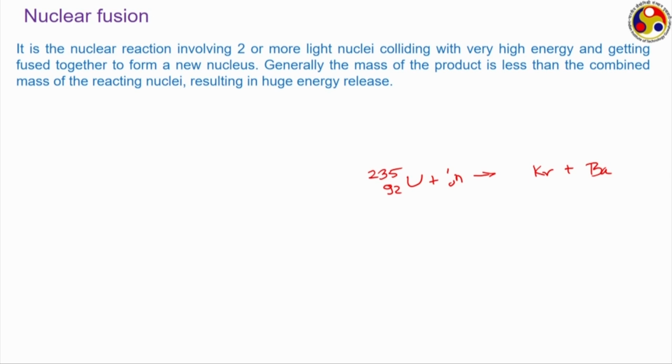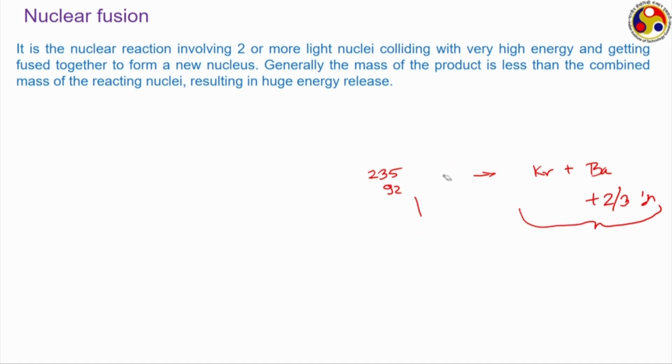Some isotopes of krypton and barium and 2 or 3 neutrons. So, if we combine the mass of this uranium-235 and the mass of 1 neutron, whatever combined figure we get is generally larger than the combined mass of these products, which leads to the mass defect. And as we know, 1 AMU of mass defect is equivalent to 931 MeV of energy.